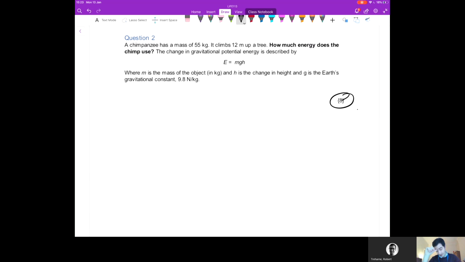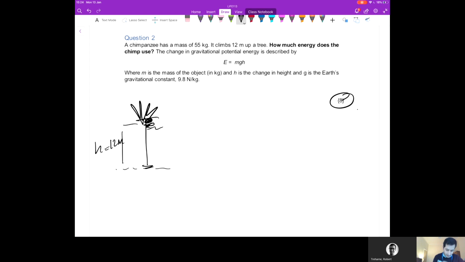Okay, so basically, that's a tree, and that's a monkey. Somehow, here's his tail, he has climbed from ground level up to a height of 12 meters.